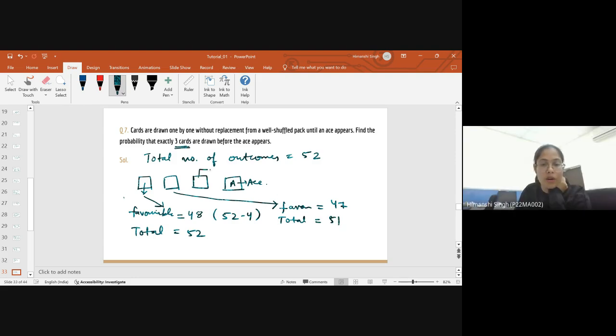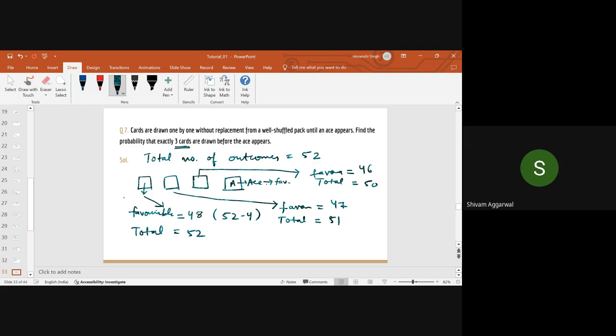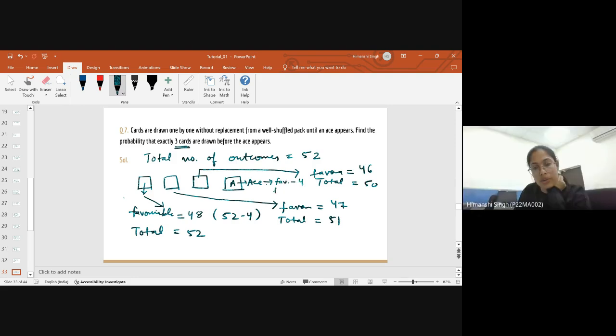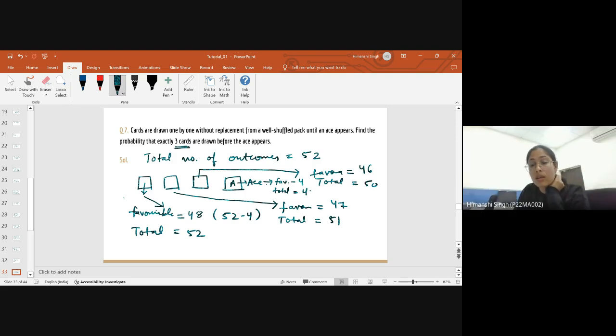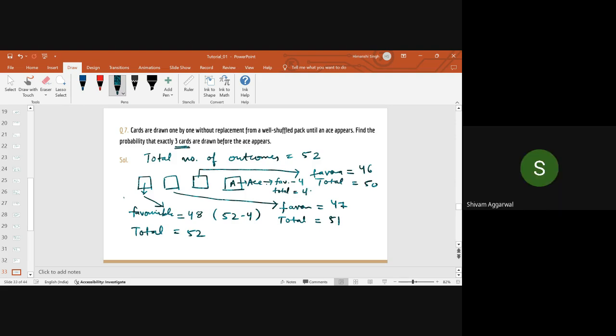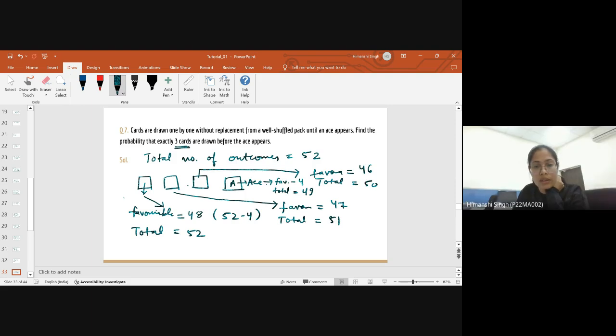For the third place, favorable 46 and total 50. And for the last place, favorable is 4 and total is 49, because 3 cards are gone in the first 3 choices.